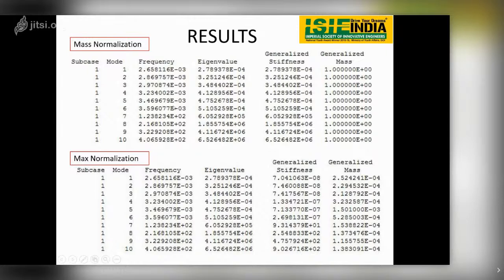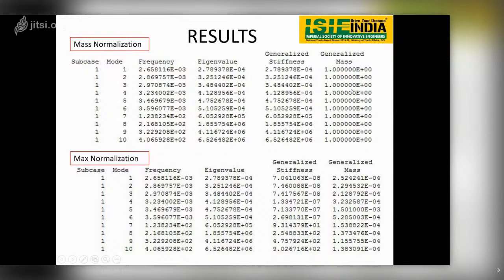Because omega n is nothing but root of k by m. But here we can see that the generalized stiffness and generalized mass change in both ways, mass normalization and max normalization. In mass normalization, the generalized mass is equal to 1.